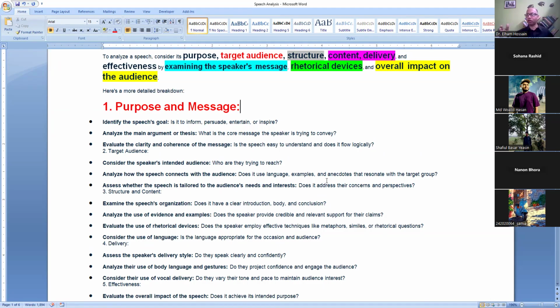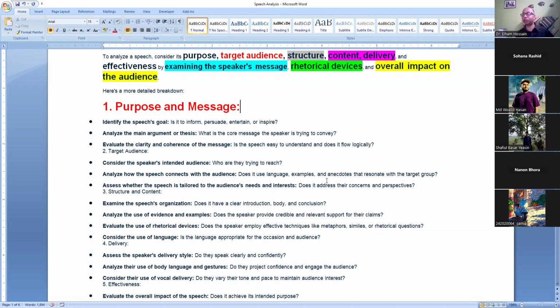Your speech may fall into different categories, different streams, or different classes or segments. You may deliver a speech to inform your audience, or to persuade, to inspire your audience.